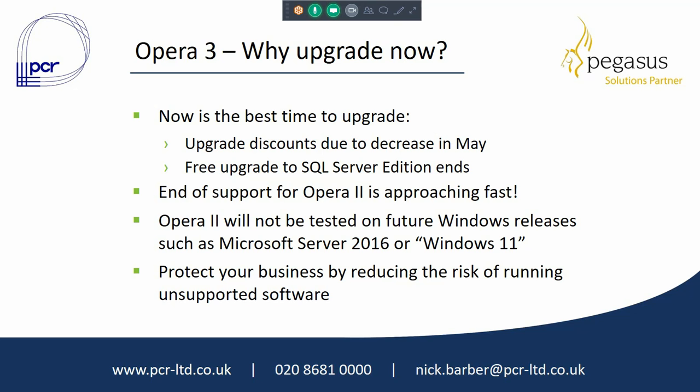So we don't know that it's going to be called Windows 11, but future desktop releases of Windows won't be tested and supported. So the overriding message for those last 2 points is we really recommend that you don't run your business software that's unsupported on an unsupported platform, and that by upgrading to Opera 3, you're protecting your business by reducing the risk of running on unsupported software.